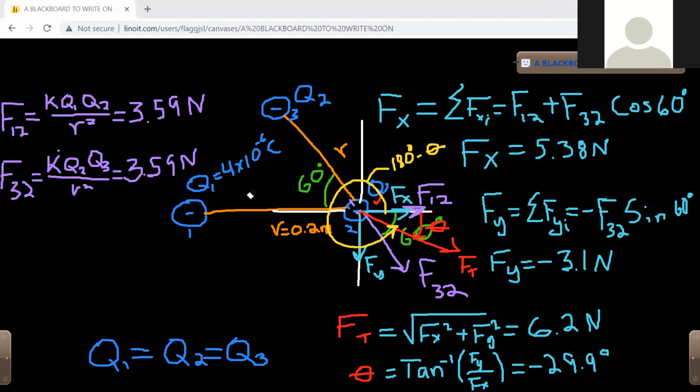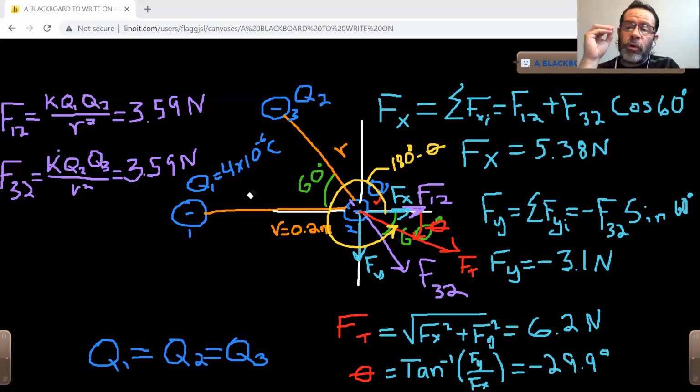Yes, go ahead, Alejandro. So all the calculations we made are for the forces of the three charges, or only for the charge 2? Only for the charge 2. Right now, we're just looking at charge 2, because the problem says to identify the forces in each charge. And we're going to talk about the other two charges in a minute.